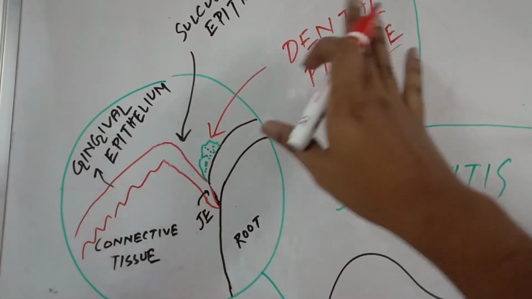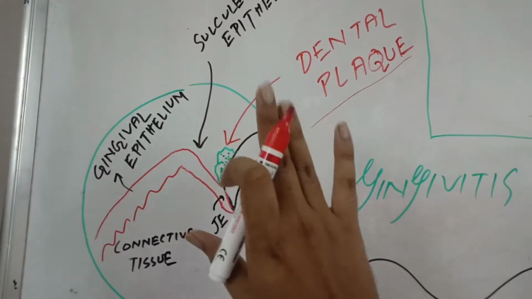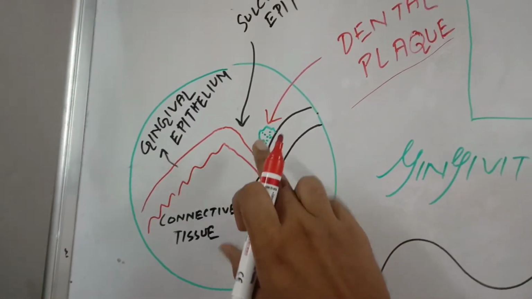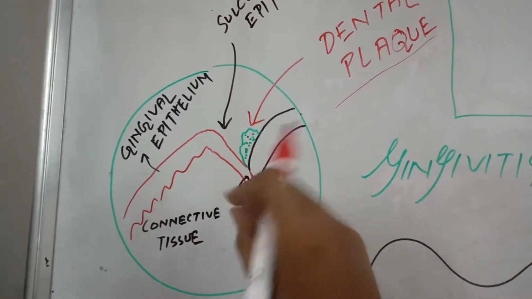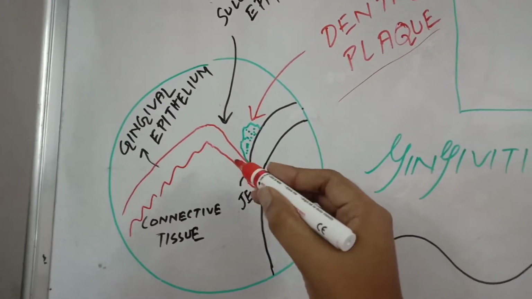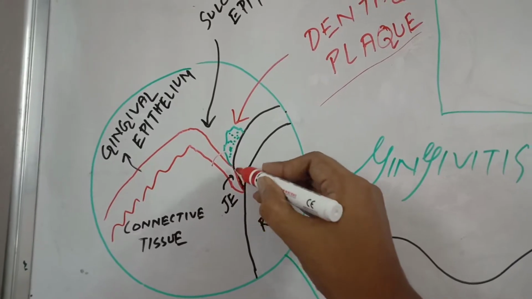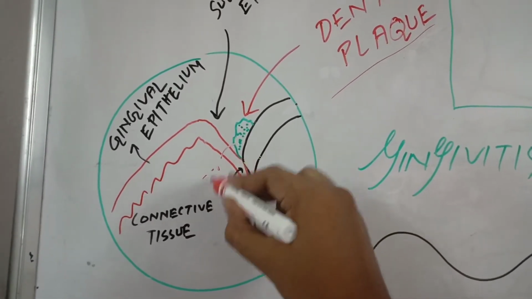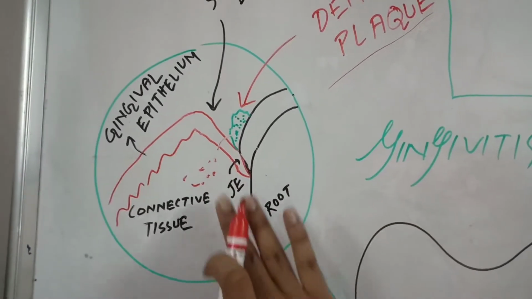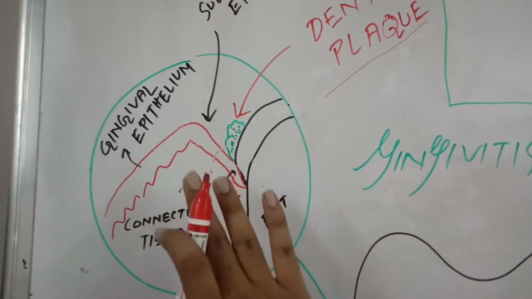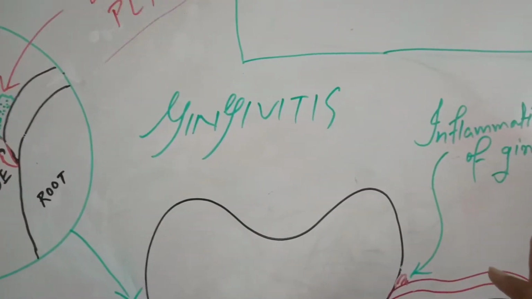So the main component of dental plaque is bacteria. After accumulation, dental plaque will release toxin, and this toxin may penetrate the sulcular epithelium through the junctional epithelium to the connective tissue, and it may cause inflammation. That is the pathogenesis of gingivitis.